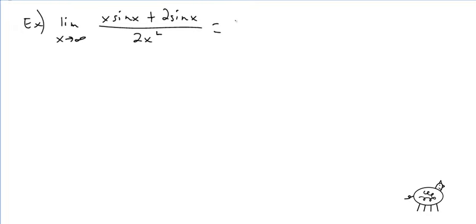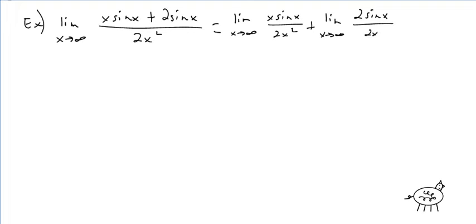So I can say the limit as x approaches infinity of x sine of x over 2x squared, plus the limit as x approaches infinity of 2 sine of x over 2x squared.